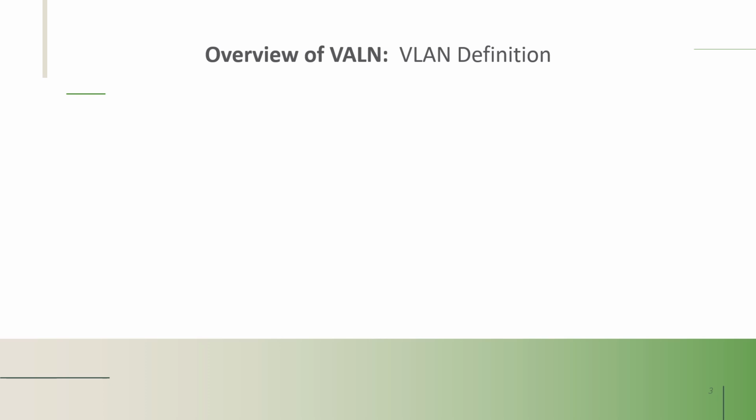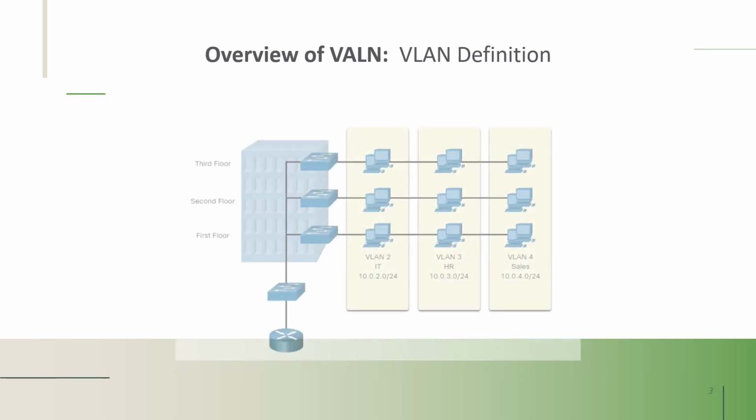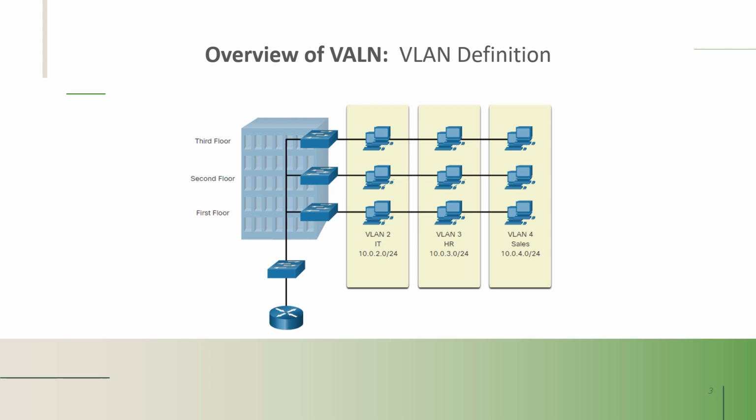VLANs are based on logical connections instead of physical connections. Here it is shown a figure where VLANs in a switched network enable users in various departments. As you can see, we have the IT department, the Human Resources Department and the Sales Department.